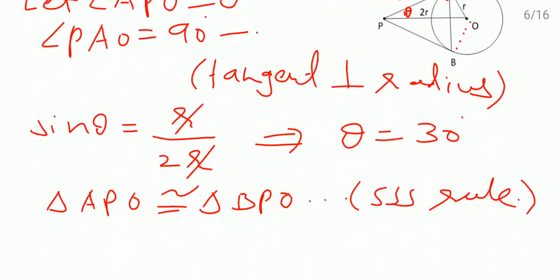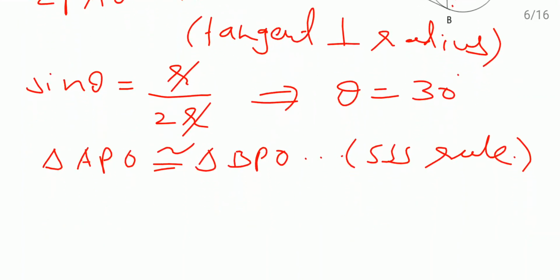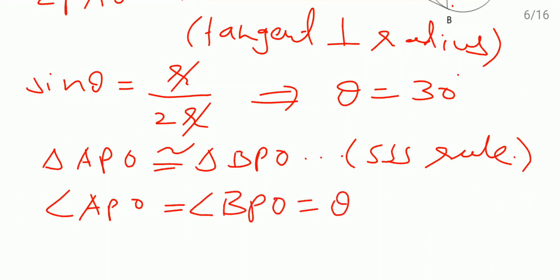Now see here, as these two triangles are congruent, angle APO is equal to angle BPO by CPCT. So here I will write down angle APO is equal to angle BPO, which is equal to theta, which is nothing but 30 degree, by CPCT, right?